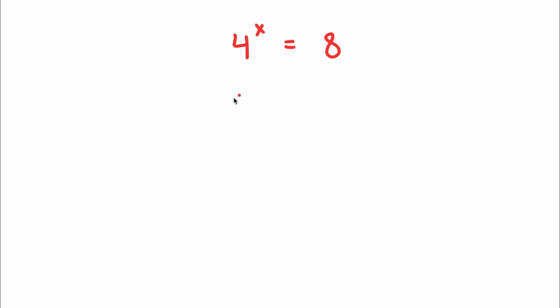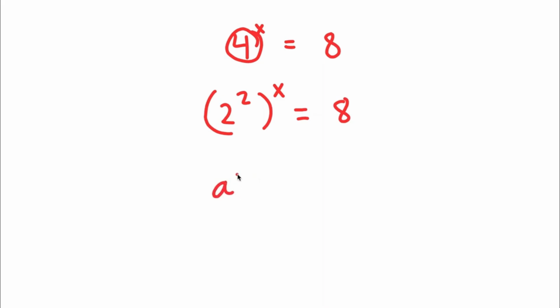So to solve this, I'm going to first start by rewriting my 4 here as 2 to the power of 2. So now I have 2 to the power of 2 to the power of x is equal to 8. Now, if I have something in the form a to the power of m to the power of n, this is equal to a to the power of m times n.